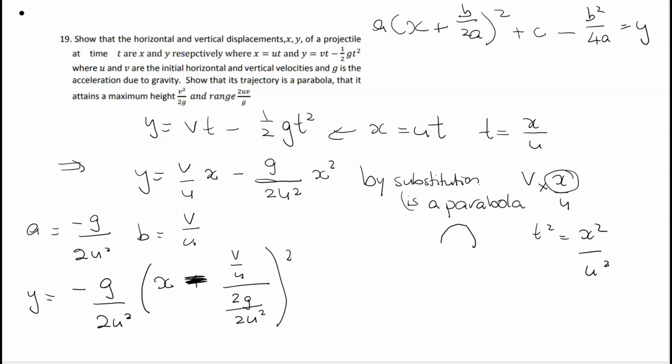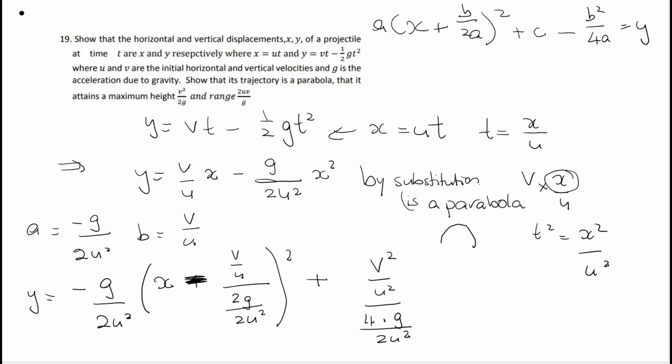And then it's going to be minus b squared, which is v squared over u squared, over 4a, but a is negative, so it should be minus, so we're going to make it plus over 4 times a. So that's 4 times g over 2u squared. Wow. Okay, I wonder if I can fit that in there. I think I can.